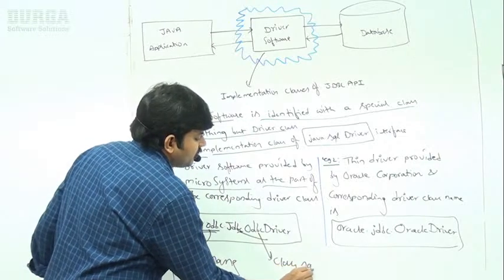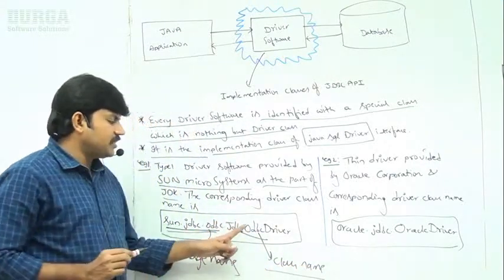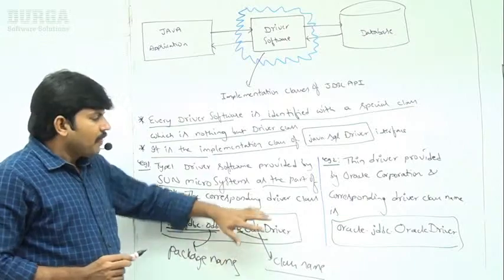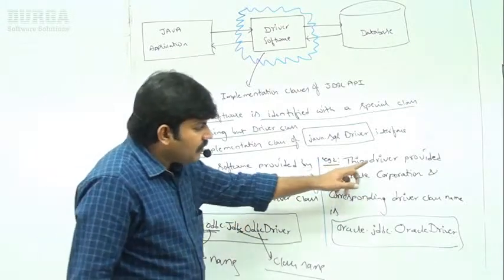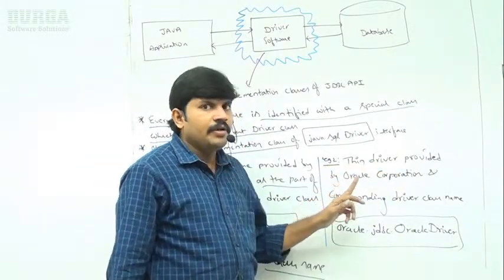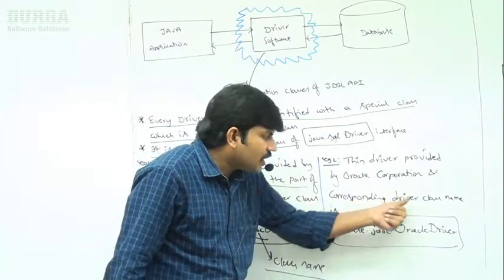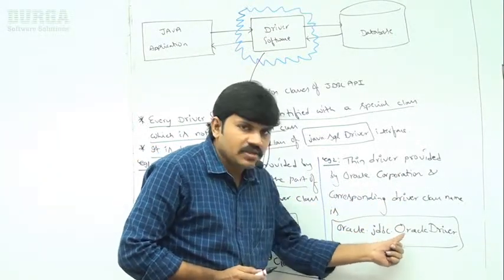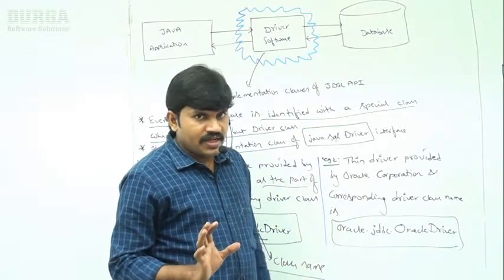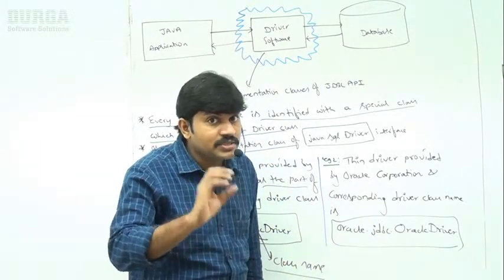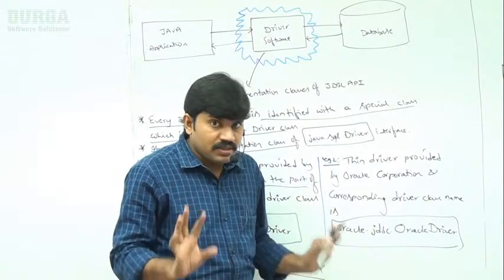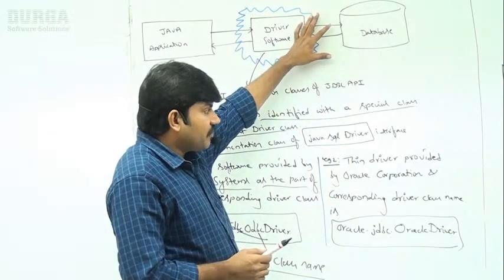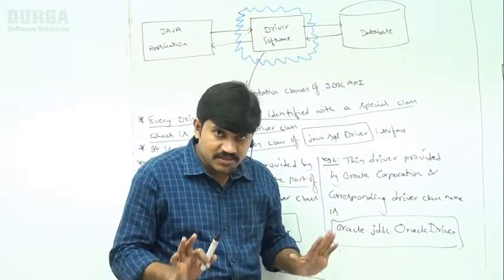Similarly, the thin driver is provided by Oracle Corporation, and its driver class name is oracle.jdbc.OracleDriver. This is what you should be clearly aware of: what the driver software is and what the driver class is.